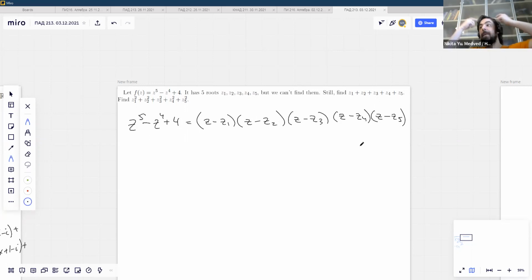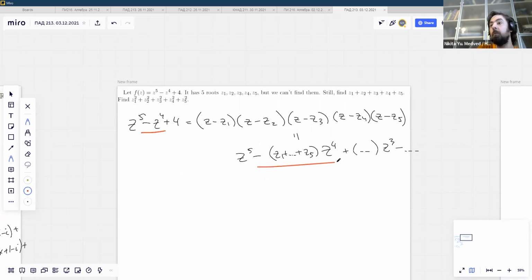Then I can mentally open the brackets in this expression. What I will obtain is the following: z to the 5th power minus z1 + ... with different coefficients times z to the 4th power plus something by z cubed minus something, etc. So we can see by comparing this term to this term that z1 + z2 + etc. + z5 equals 1.